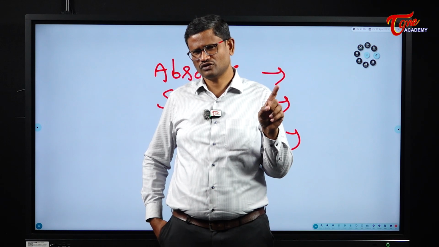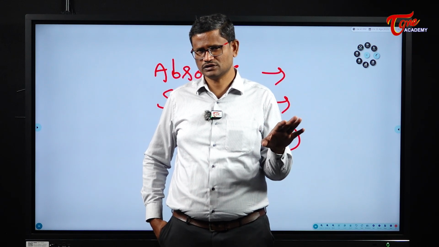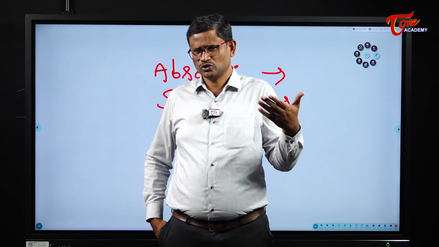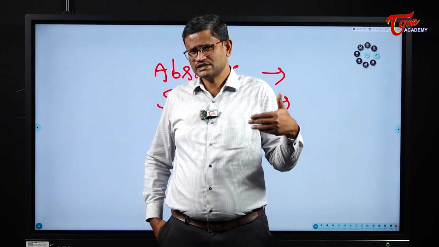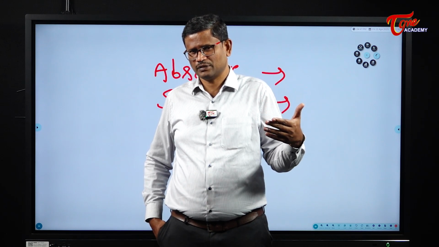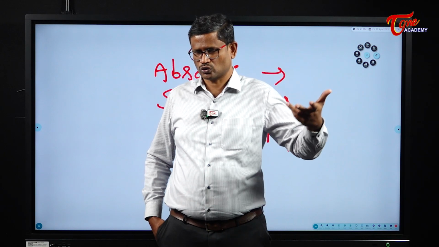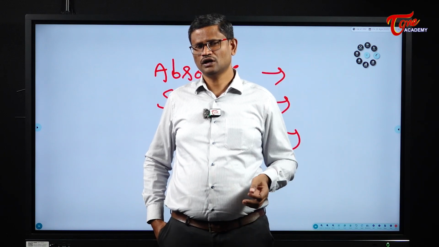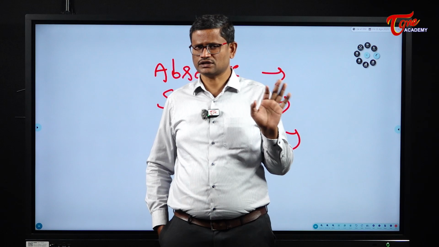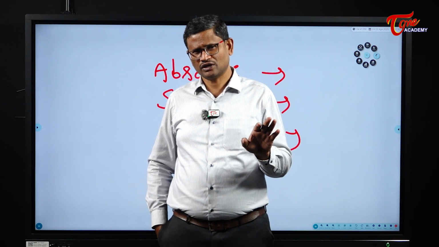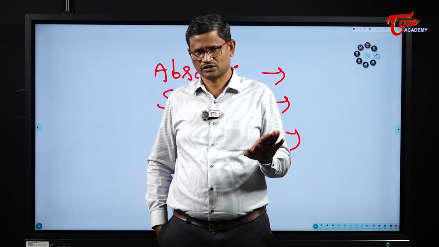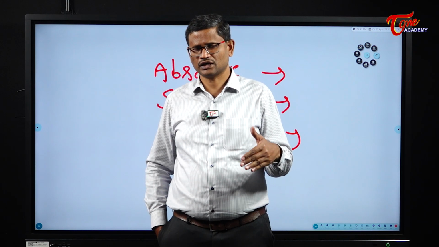Then the second situation where the absolute veto is used is, if a new government has come into place and there was a bill which was passed in the parliament in the earlier Lok Sabha, in the earlier government, and the bill is yet to receive the assent. If the new government advises the president not to give the assent to the bill, then the president can do that.